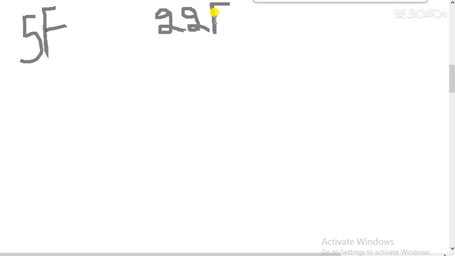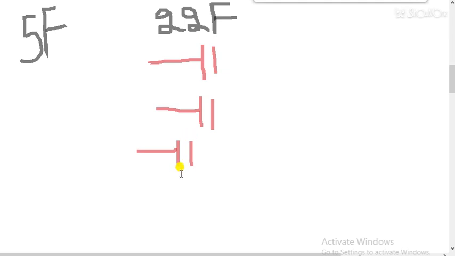What can I do here, I have to get 22. So first I will connect 4 in parallel, because 4 in parallel will give me the value 20. So 4 capacitors I will connect here.